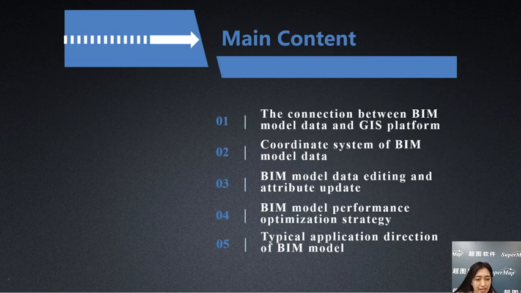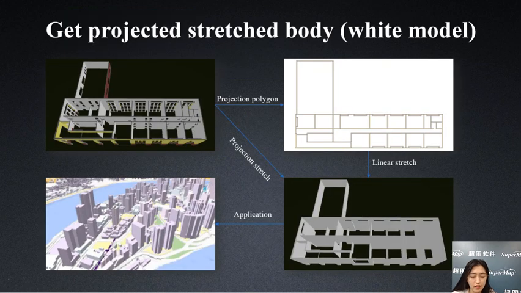Okay, and then let's look at our next part, that is the typical application direction of the BIM model. So first is to get a projected stretched body, which is a white model.